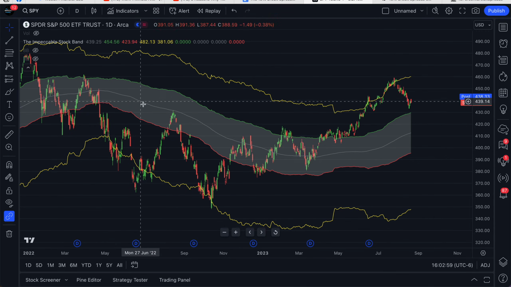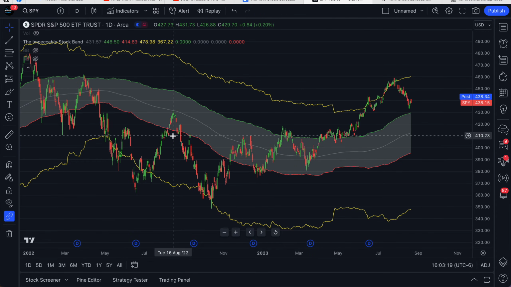Anyways, you can also replicate this line using a Bollinger Band, setting the moving average to 200 and the standard deviation to 4. As we discussed, the dip buy is when you break below this bottom yellow line and break back above it. That shows momentum is forming back up to the upside. It's overextended and it's starting to move higher.